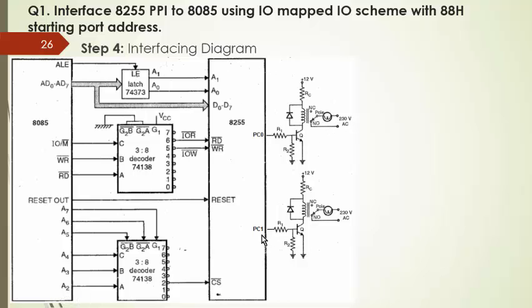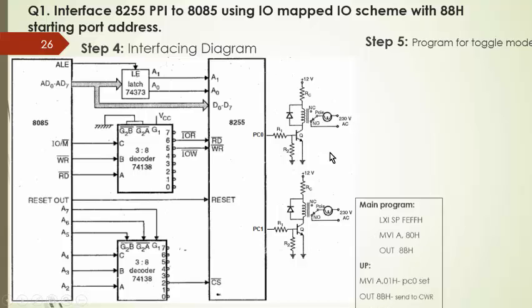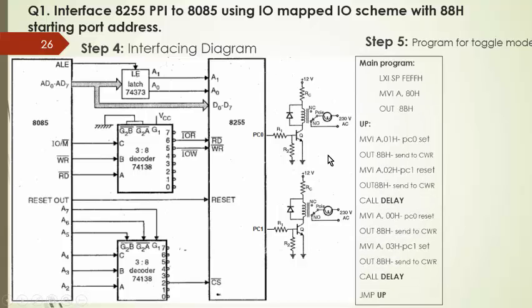In the second instance you will find the first bulb in off mode and the second bulb in on mode. In this way you will get the toggling mode of outputs from PC0 and PC1.